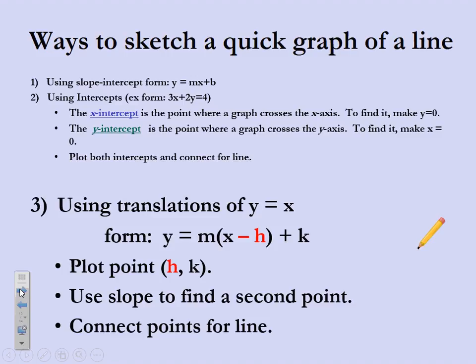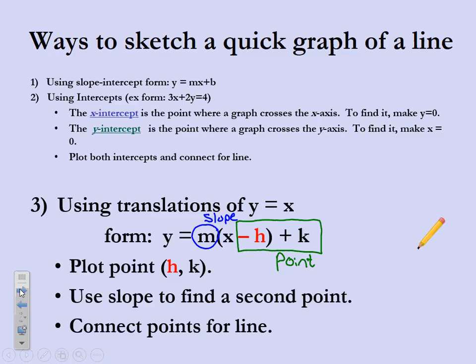This is really important. Now here, we're going to plot the point h and k. So out in front first, this right here, this is our slope. These two right here, this negative h and k, this is going to be a point on our line.